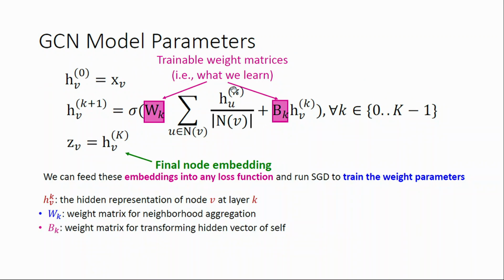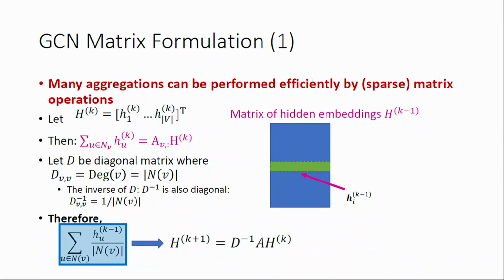If you look at this implementation, because we want to do it over all the nodes simultaneously, if there are V nodes, then you're doing V different computation graphs. If we just treat them separately, it will be quite expensive. However, if we look at this operation from a matrix multiplication perspective, everything can be done with a simple matrix operation. Assume this is the embedding matrix of all the node embeddings.